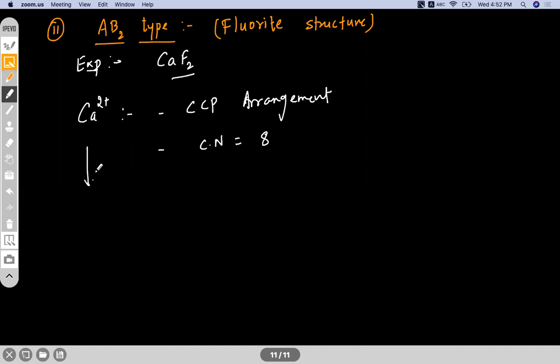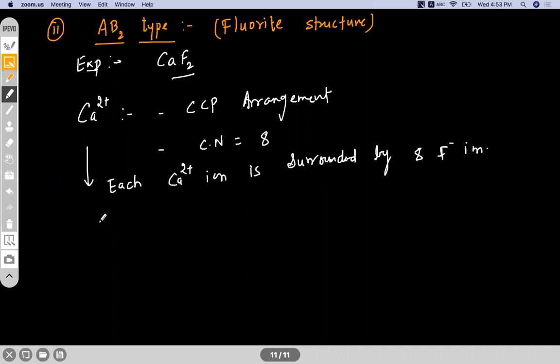All these informations, they sometimes ask questions like this: which statement is correct for this molecule? So what we can say, each Ca2+ ion is surrounded by 8 F- ions, hence the coordination number is 8. That is what I have written.